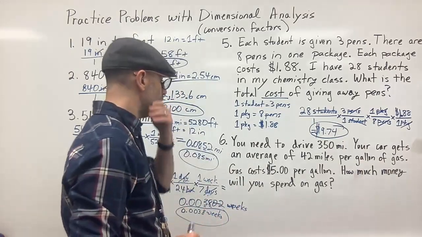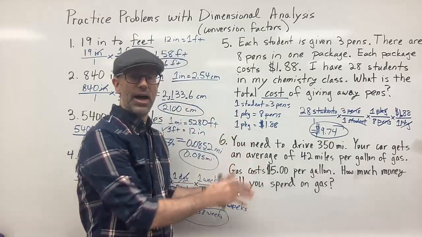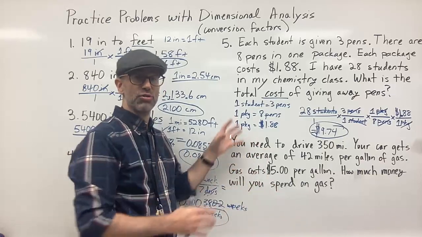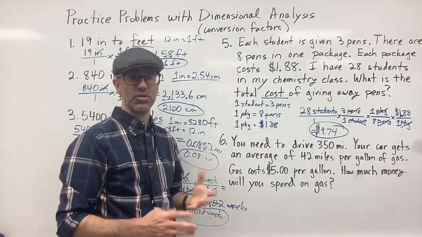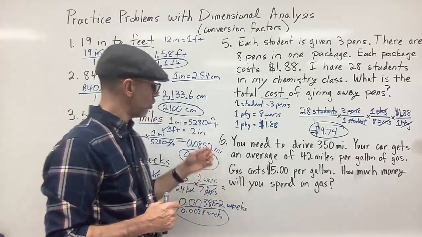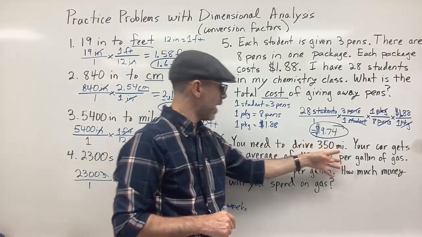All right, so last problem, same idea. Whenever you got a word problem like this and you want to solve it using conversion factors or dimensional analysis, you need to pull out the relationships, okay? So we're saying you need to drive 350 miles, right?